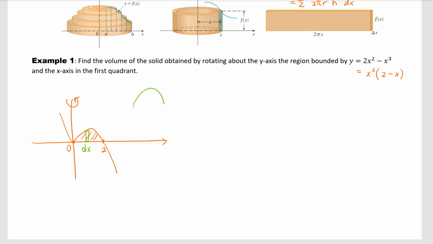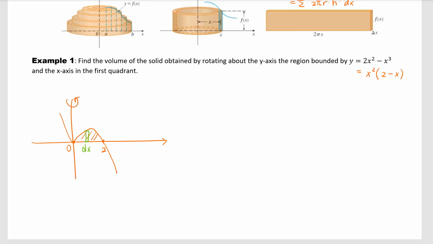Think about it. If you cut it horizontally, the upper curve is this function, the lower curve is still this function, and because it's the horizontal distance, you want to solve for x in terms of y. Are you able to solve for x in terms of y in this example? No way. That's why in this example we have to use the shell method.